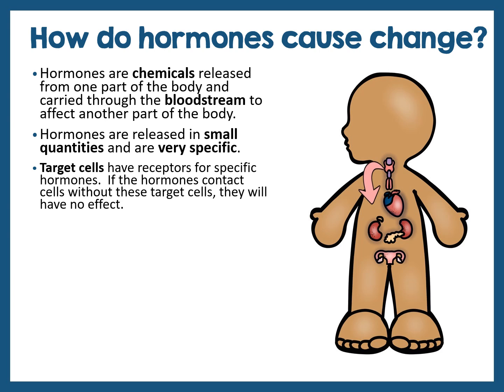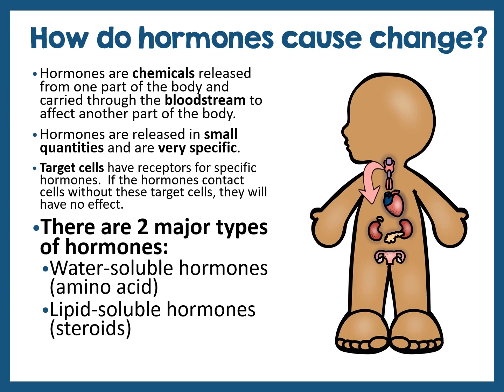These hormones that are released from the cells are going to be released in very small quantities, but they're very, very specific. So the target cells have to have a receptor for that specific hormone. And if the hormone contacts the cells without these target cells, there is not going to be any effect because they don't have the receptor.